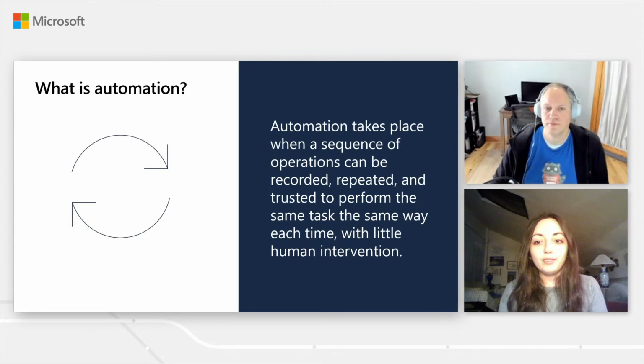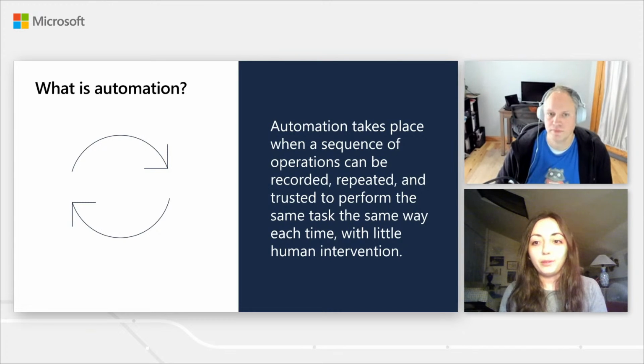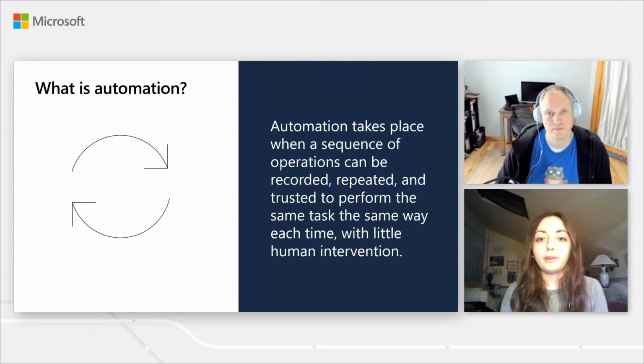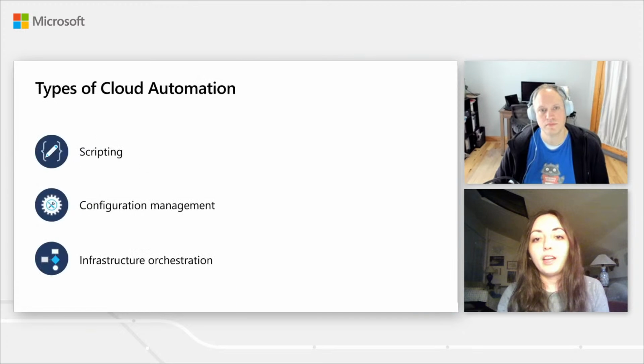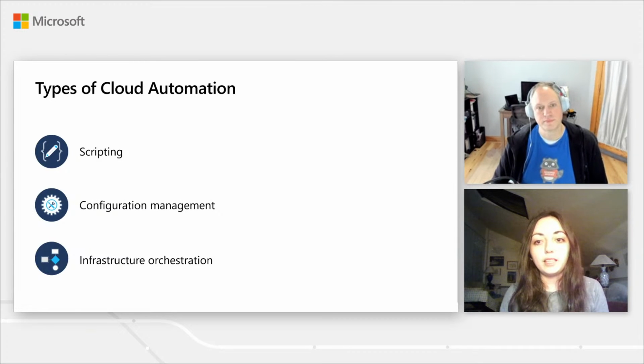So, automation is the use of technology to perform tasks with reduced human assistance. This means that operations that were previously performed by humans can now be recorded, repeated, and trusted to perform the same task the same way each time. For cloud administrators, automation comes in 3 forms: scripting, configuration management, and infrastructure orchestration. Scripting is the formalization of steps required to perform a task.